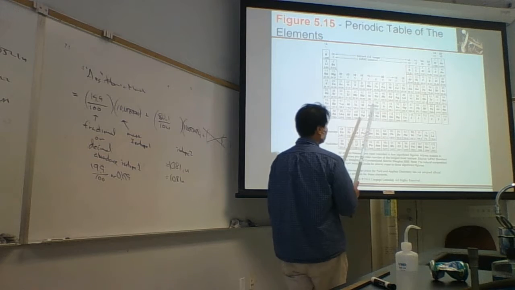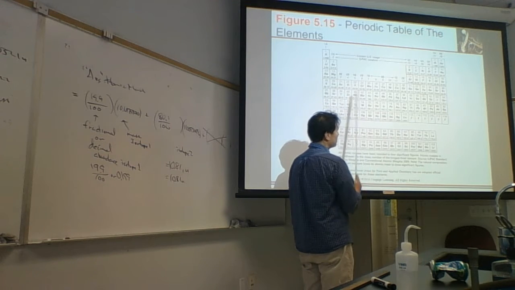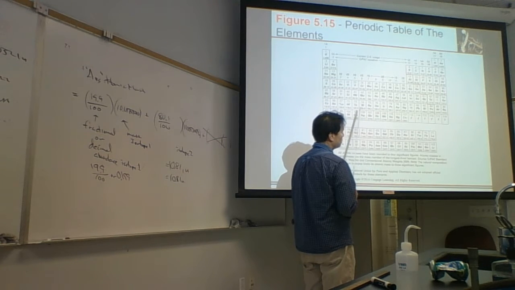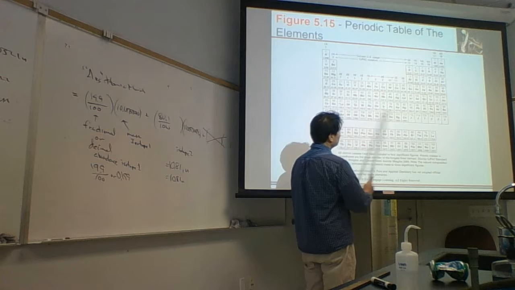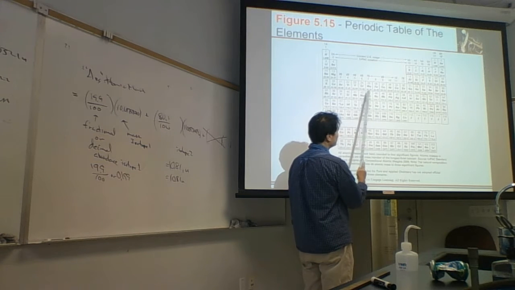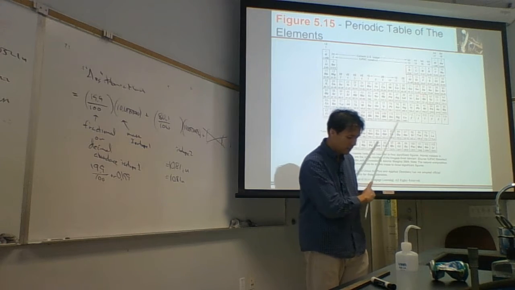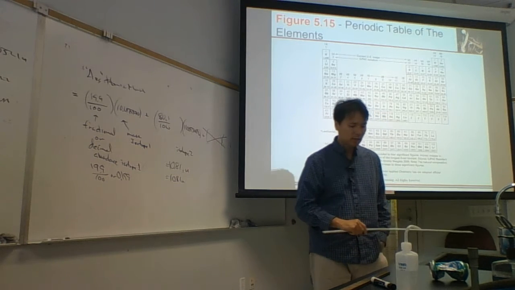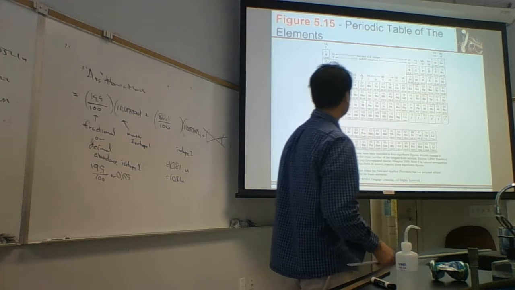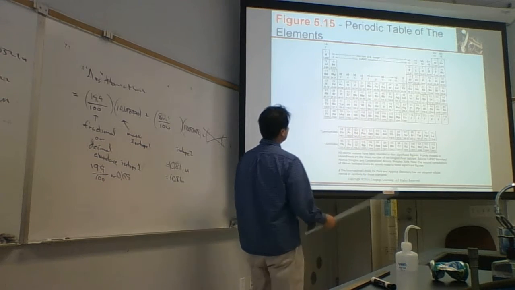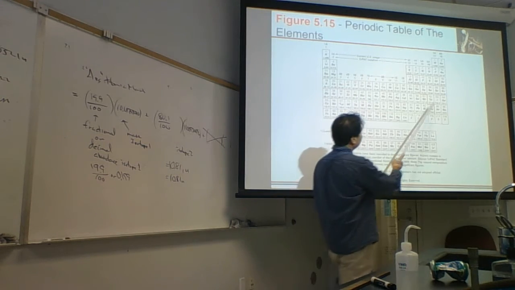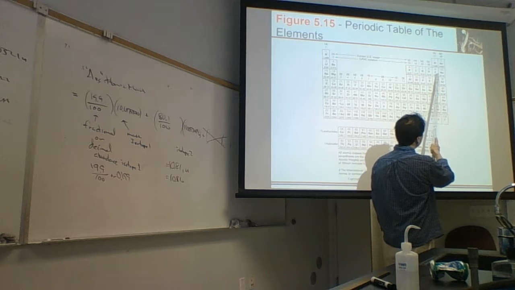And so the first thing we're going to do is look at the general organization of this, and then try to make predictions based on it. When we have the general organization, we can make predictions based on the position. But if we didn't have this here, can you make predictions based on the composition? As an example of that, fluorine is crazy reactive.